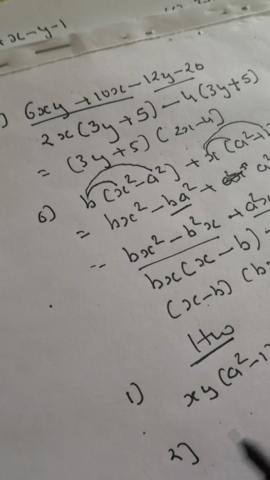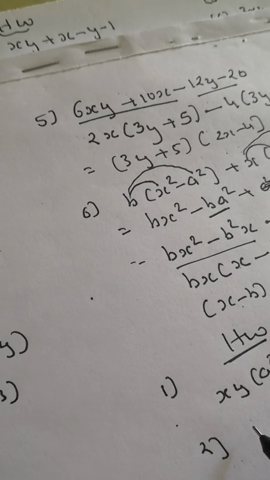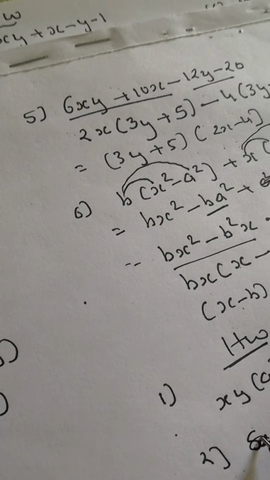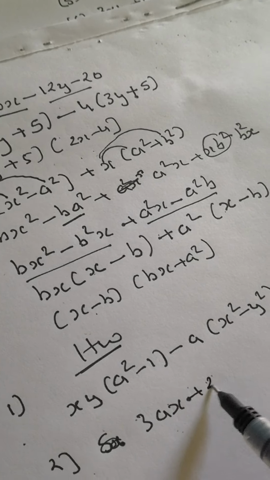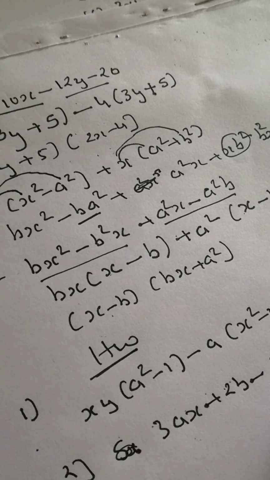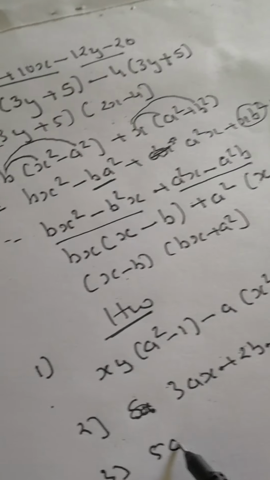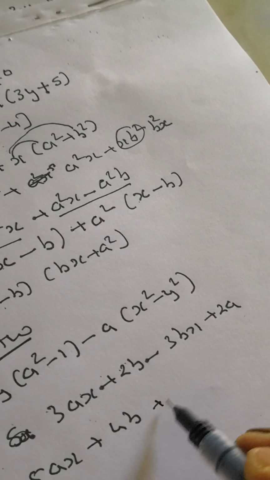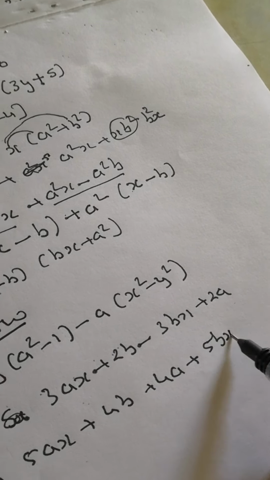Question number 2 will be 3ax plus 2b minus 3bx plus 2a. The third sum will be 5ax plus 4b plus 4a plus 5bx.